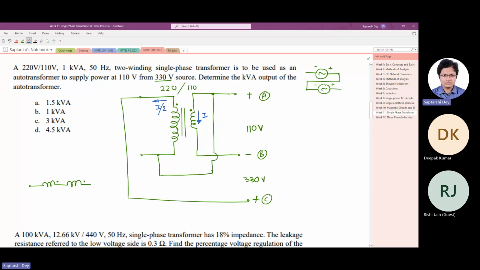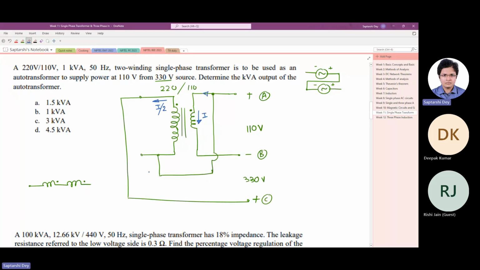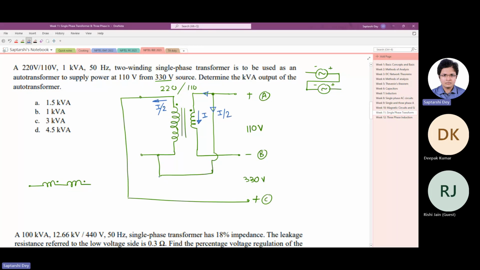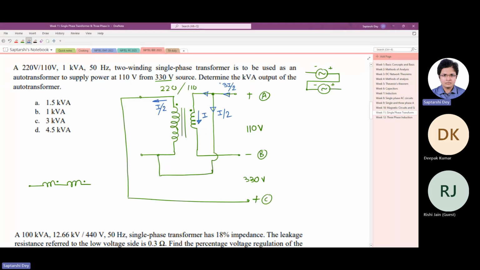And the arrow direction is important here. I did it from the dot polarity we discussed last class. Now here I current is flowing, and if you follow this I by 2, it will come up here, just in series I by 2. So basically, the current that the transformer can draw now at rated condition is 3I by 2.